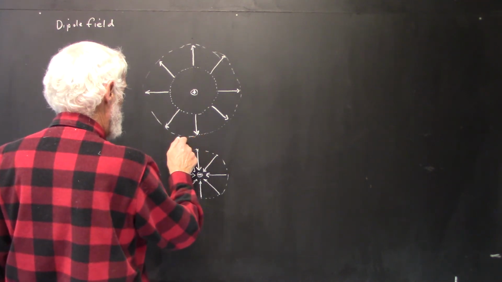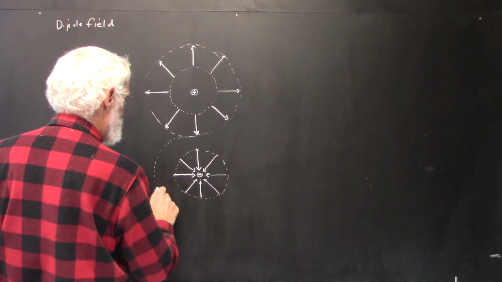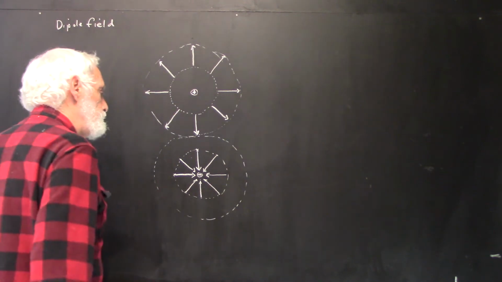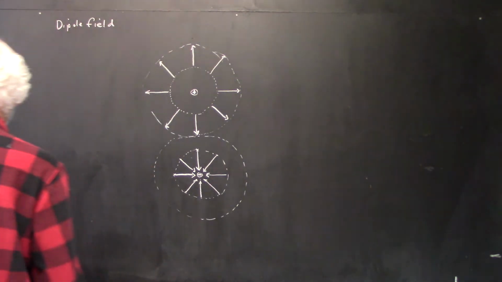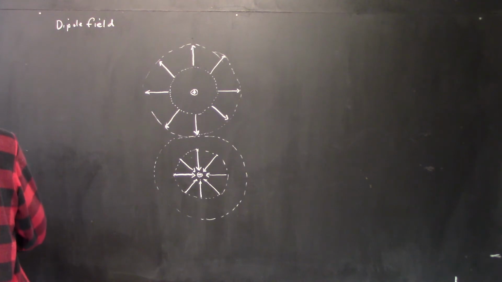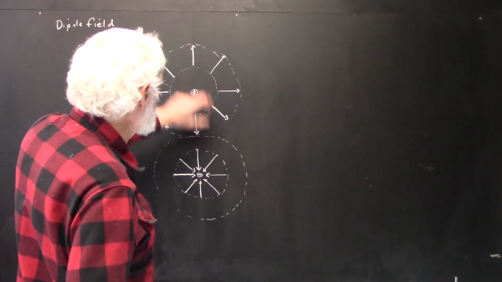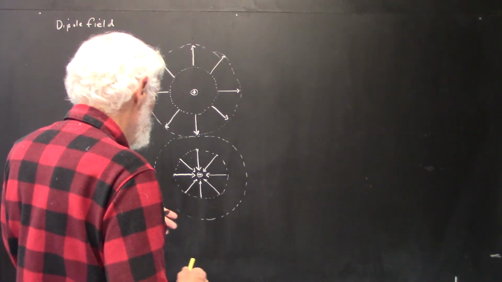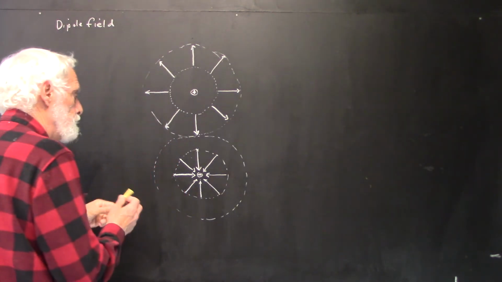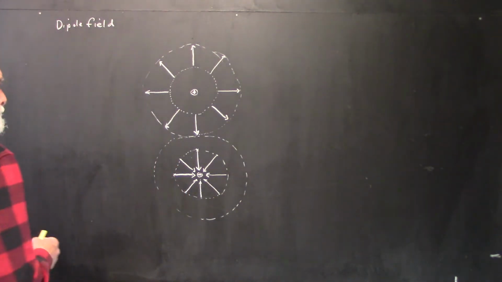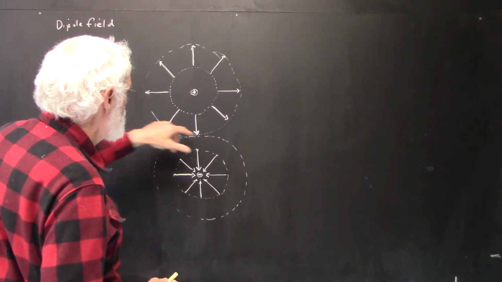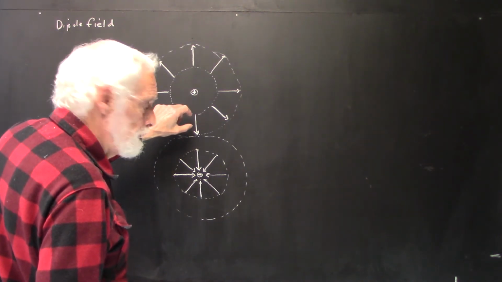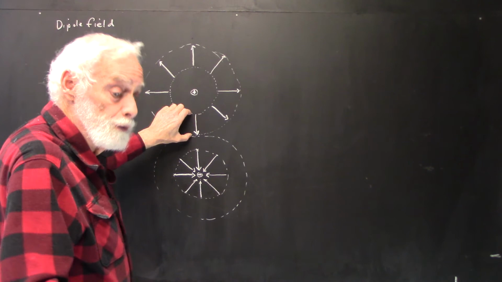And I'll do the same thing here. Not perfectly drawn, but we get the idea. Okay. Well, assuming that these circles have double the radius of the original circle, which isn't quite so, but we could pretend so, then the field at points along this circle and points along this circle will be 1/4 as great as the field that we drew here because of the inverse square relationship.